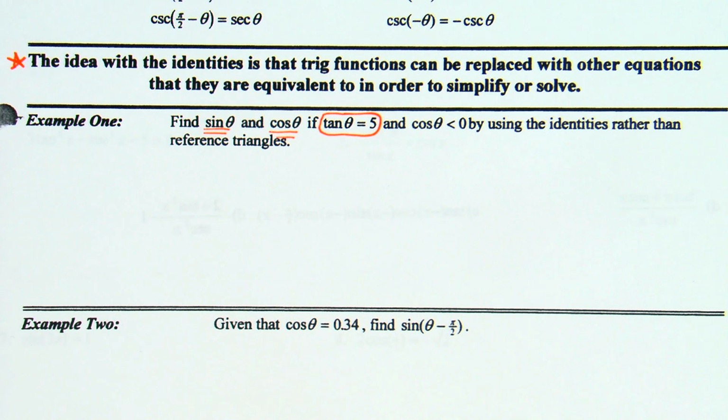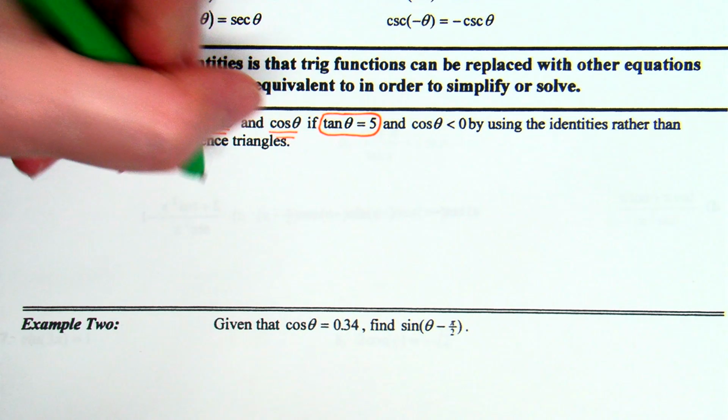Our ultimate goal is to find sine and cosine. If tangent is 5, and that's our provided piece of definite information, what would be a good trig identity to use? The second one, because it has tangent in front of it, yes?